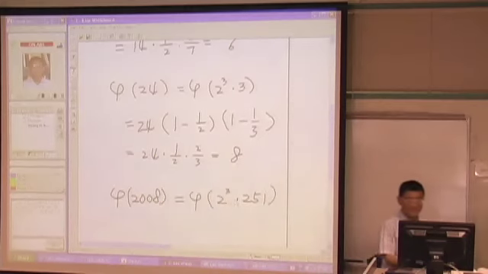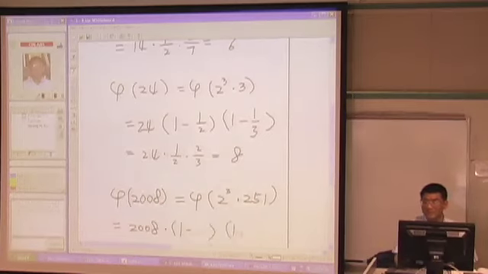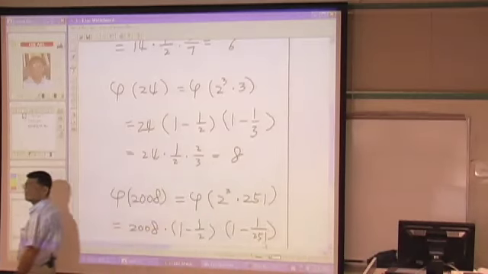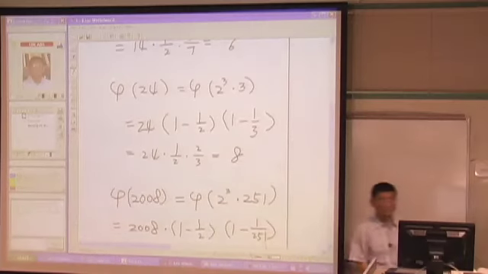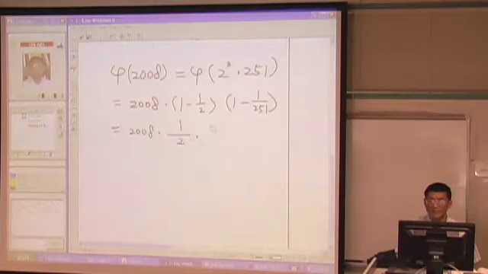Then this equals 2008 multiplied by what? 1 minus something, 1 minus something, right? What is it? 1 minus 1/2, and then 1 minus 1 over 251, right? This is it. Then, as we can see, 2008 multiplied by 1/2, and then multiplied by 250 over 251.